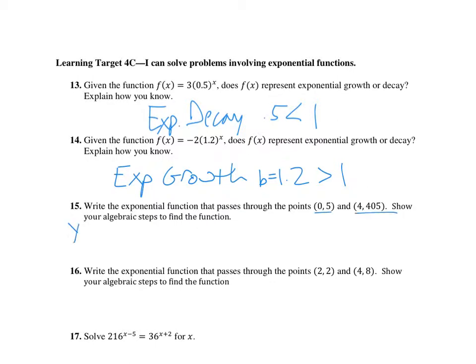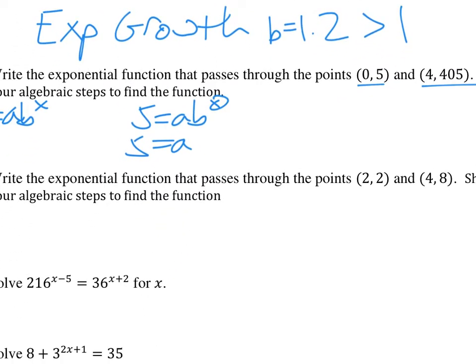Well, we want just a simple y equals a times b to the x. So substitute 0 for x and 5 for y, and we get this. b to the 0 is just 1, so a is 5. Now we've got that a is 5, so we can find our b value.